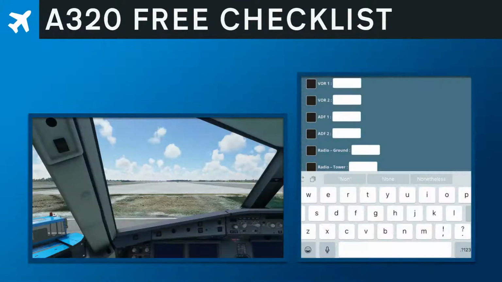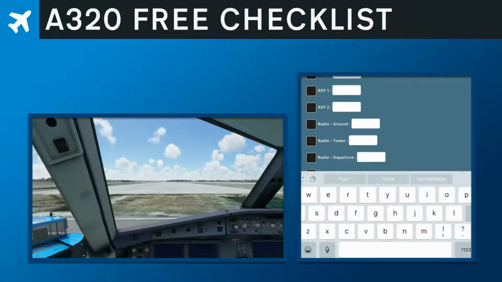Let's have a little look here, see what we've got. It's basically an RNAV departure, so we don't really have any points from a VOR or anything there, I don't think.